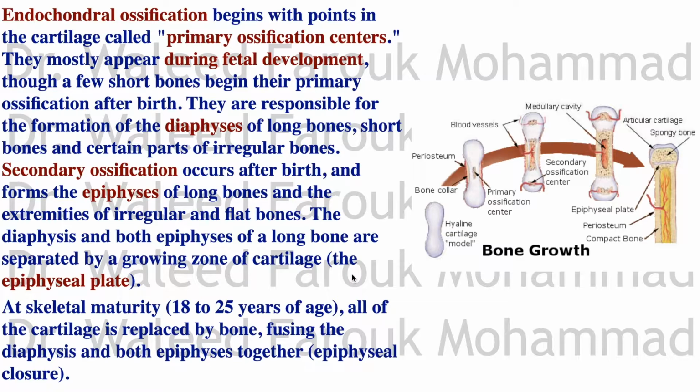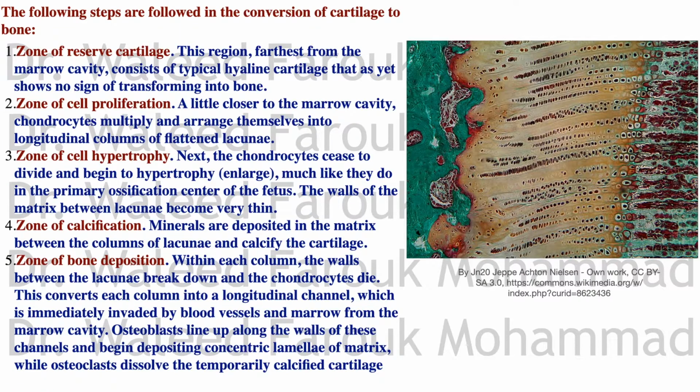Maturity occurs between the ages of 18 and 25. By 25 years of age, all bones of the body are ossified and all cartilage is replaced by bone, fusing the diaphysis and both epiphyses together. This process is called the epiphyseal closure.